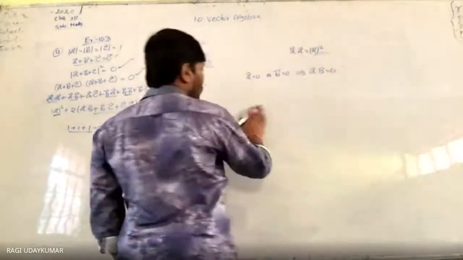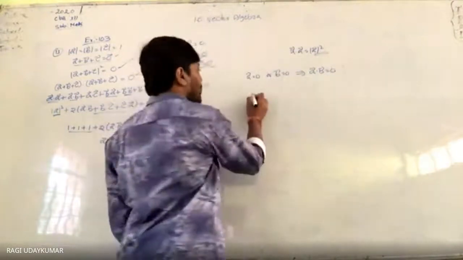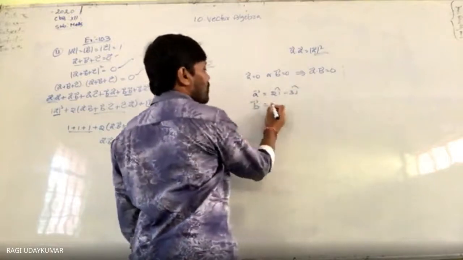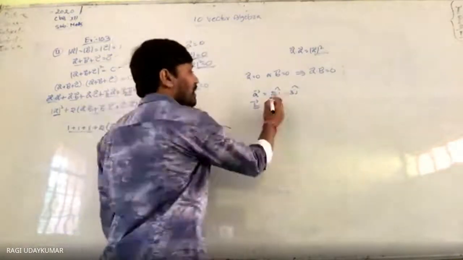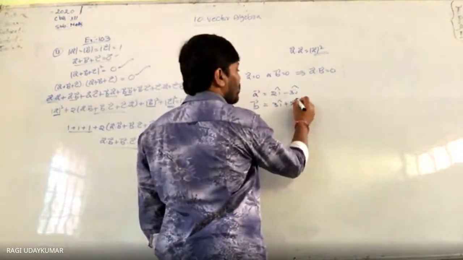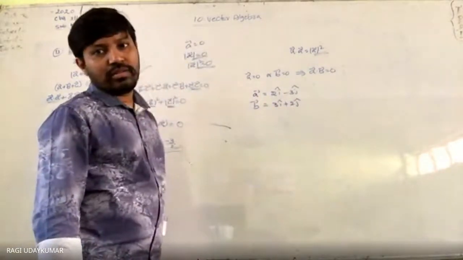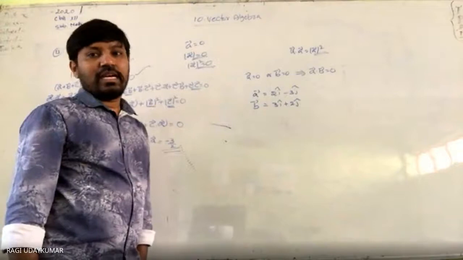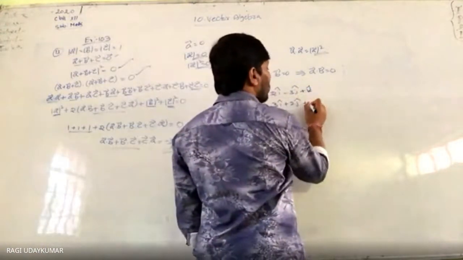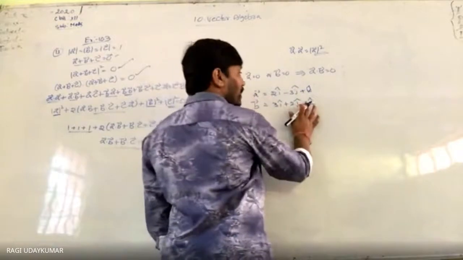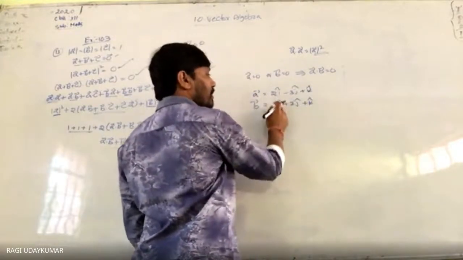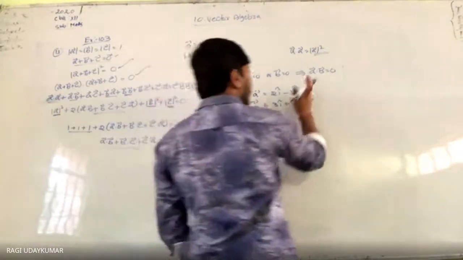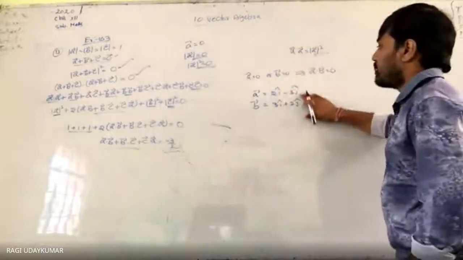Let us take one example, a simple one. Vector a bar is 2i minus 3j. Here I am not taking a k component, and b bar is 3i plus 2j. Find the dot product. If you want, you can still include a k vector, but without k it is easier for us to give the example.